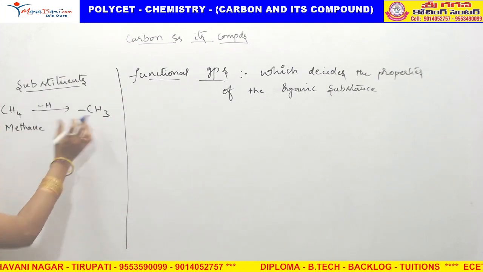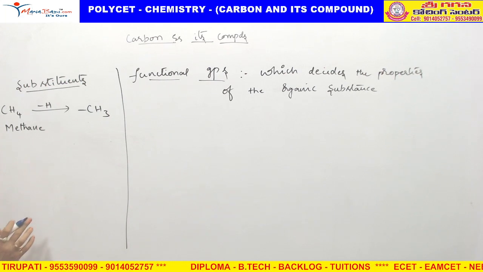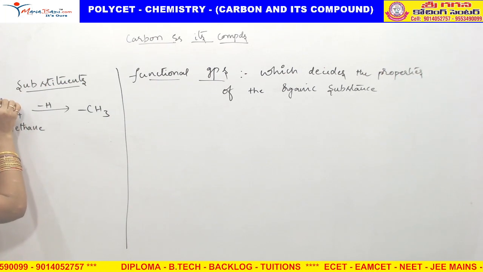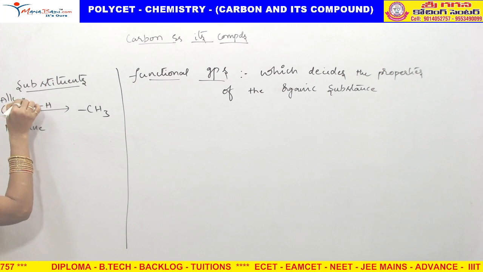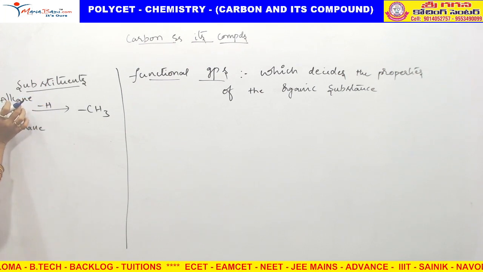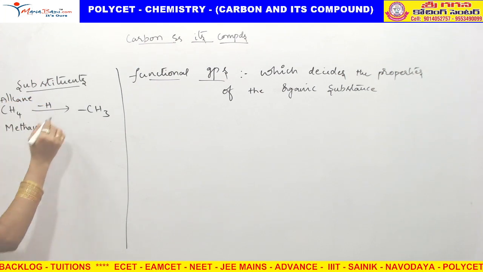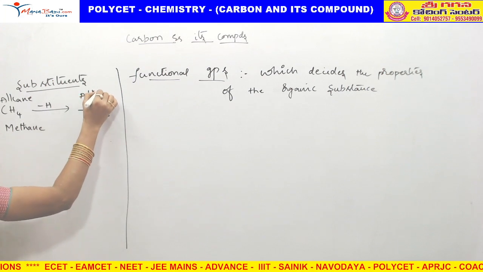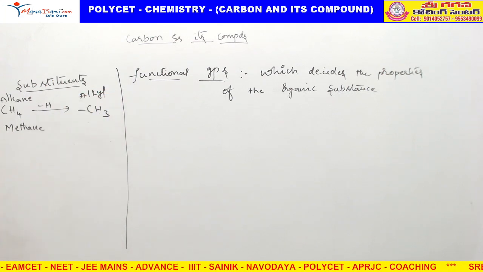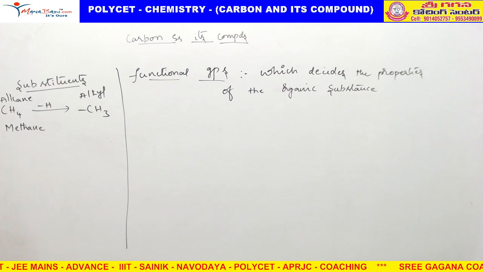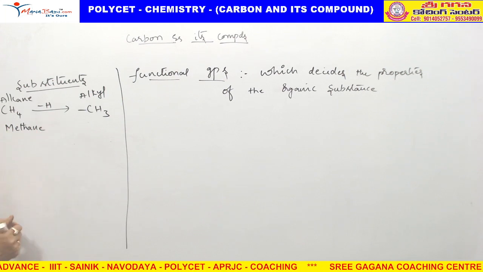So that bond CH3. Now, this is alkane. Is it correct or not? Alkane, by removing one hydrogen, we will get alkyl. Alkyl means methane, methyl.